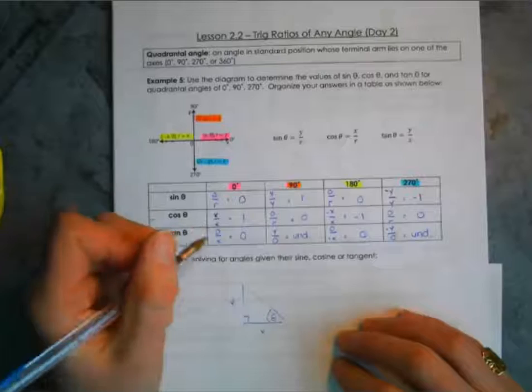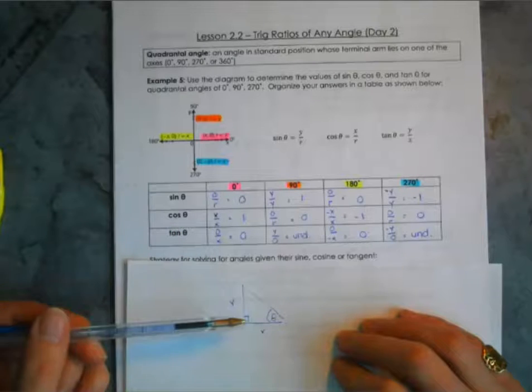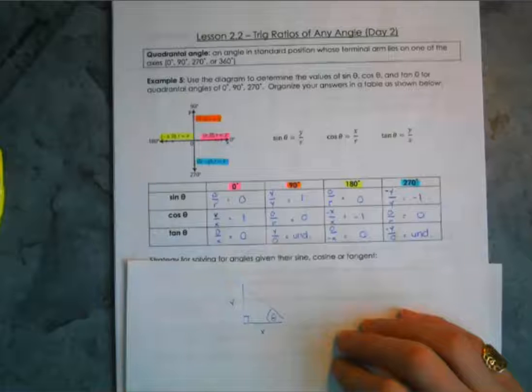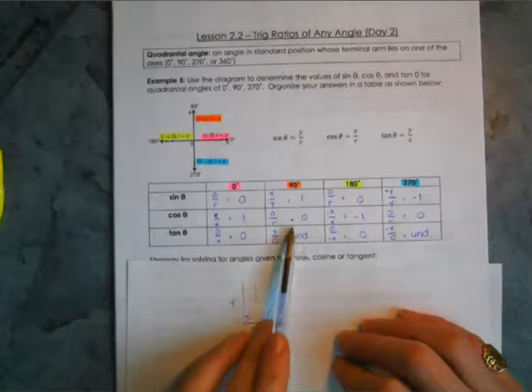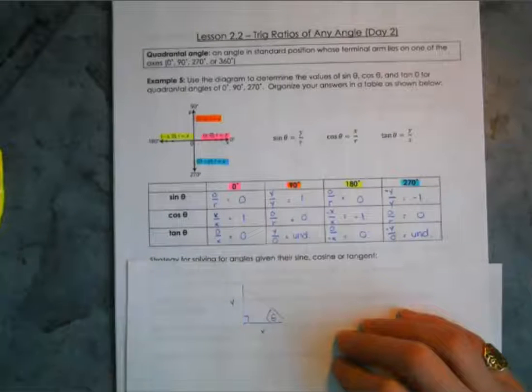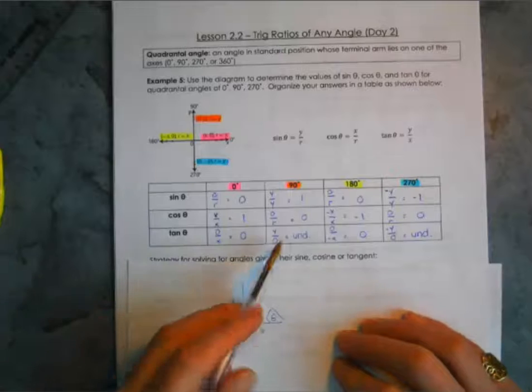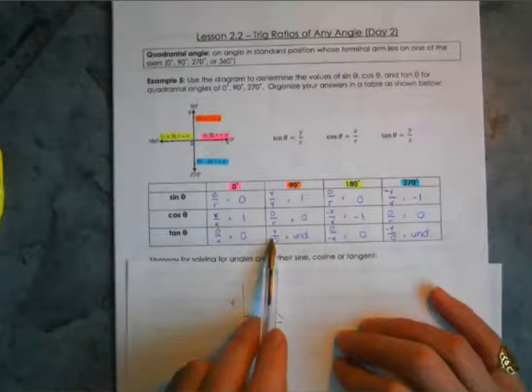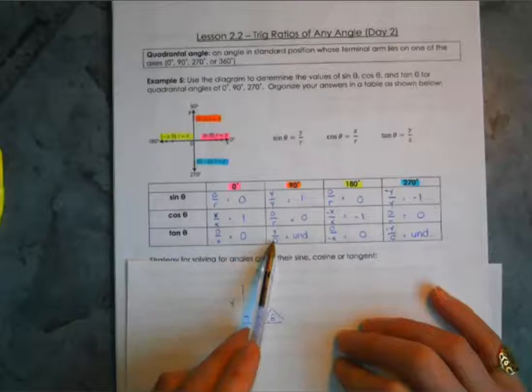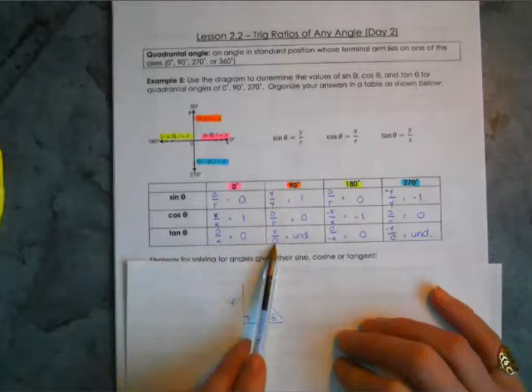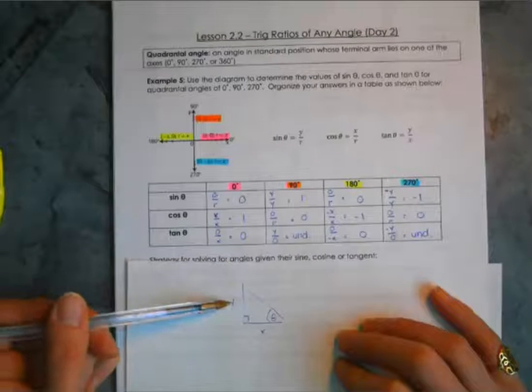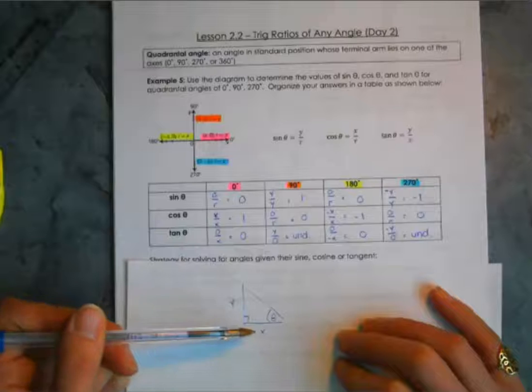So just before we move on, I just wanted to quickly go over what the undefined means, because I think for a lot of students that seems like a little bit of an abstract concept. So I want you guys to understand what that's actually telling us. So with, for example, the 90 degree value that's undefined, we have our y value over our x value, right?